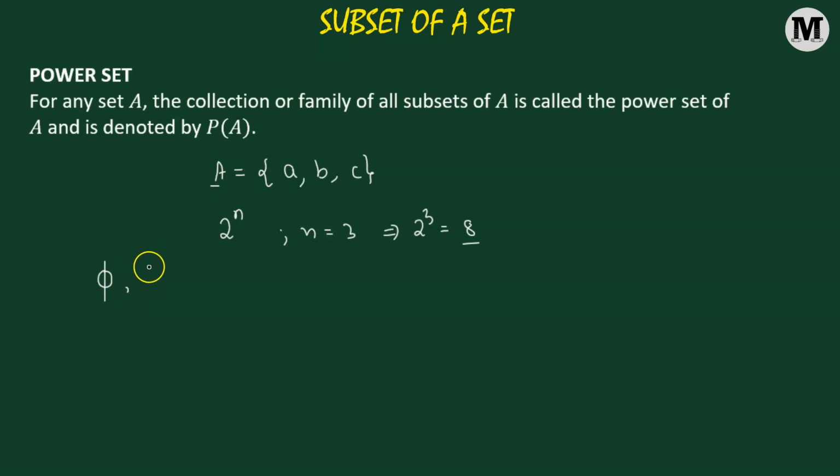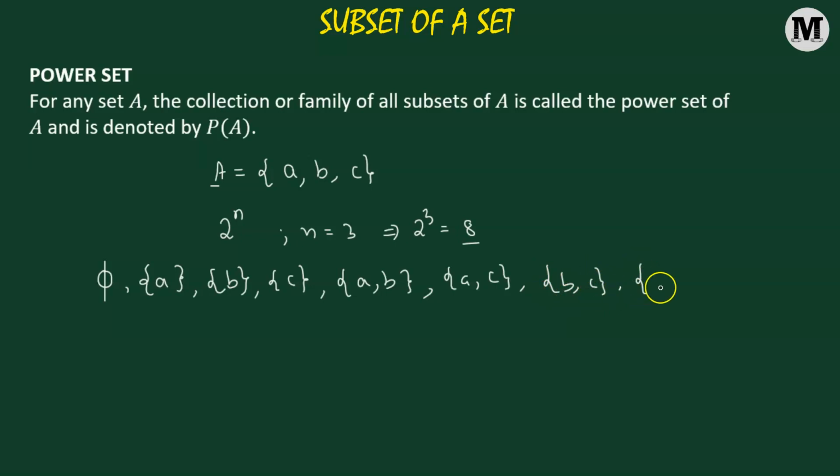Then we consider the sets containing only one element, or singleton sets: the set containing only A, the set containing only B, or the set containing only C. Then we can have sets that contain two elements: either A comma B, A comma C, or B comma C. Or finally, we could have the main set that contains all three elements A, B, and C. Here we can easily count 1, 2, 3, 4, 5, 6, 7, 8. So we have a total of 8 subsets of A.